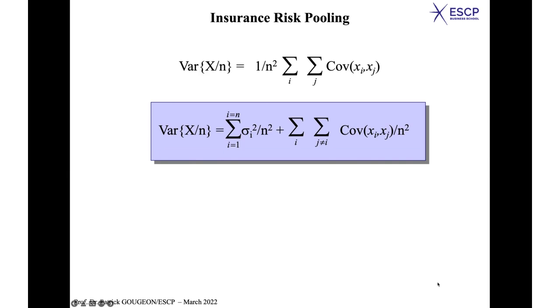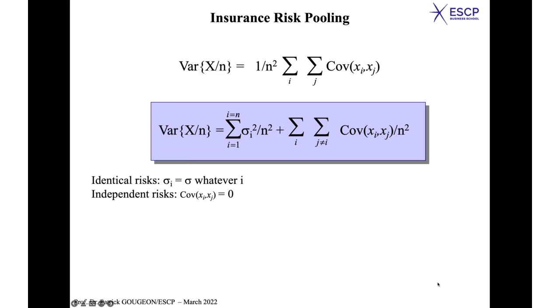Why should I do so? Because now I will introduce the assumption we have made in the first place. If you look at the second line here, we said that all the risks are independent. Okay? If all the risks are independent, what can I conclude? I can conclude that all the covariances with i and j different are zero.